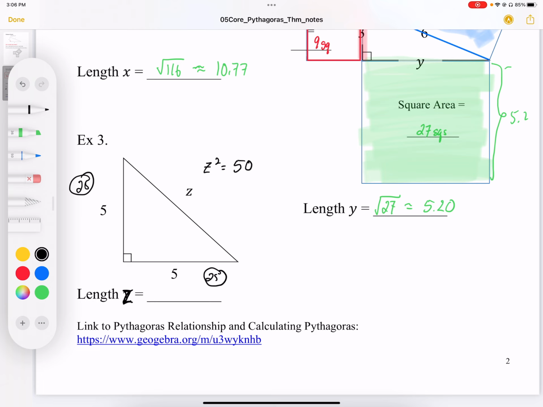So the edge length z is square root 50, which is about 7.07. If you want to round that to 7.1, that's perfectly fine. But that's our edge length, the square root of 50, which is 7.07.